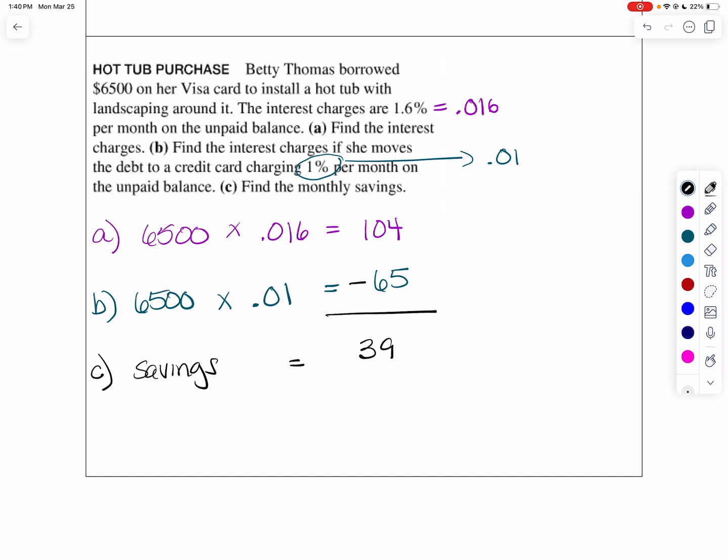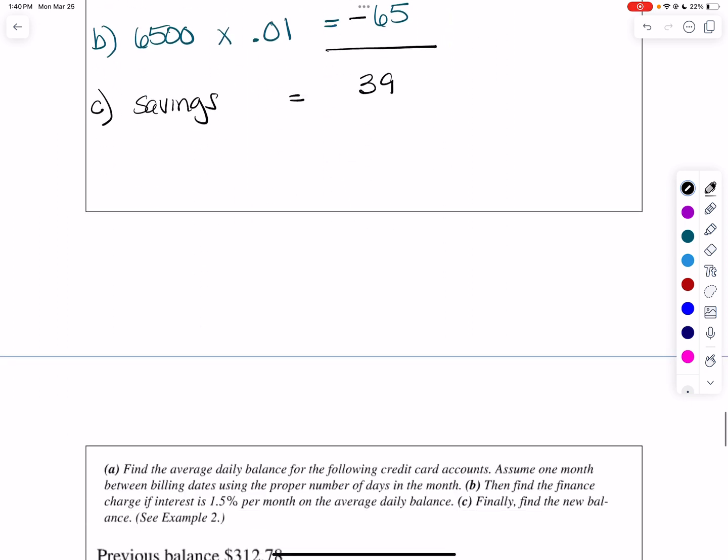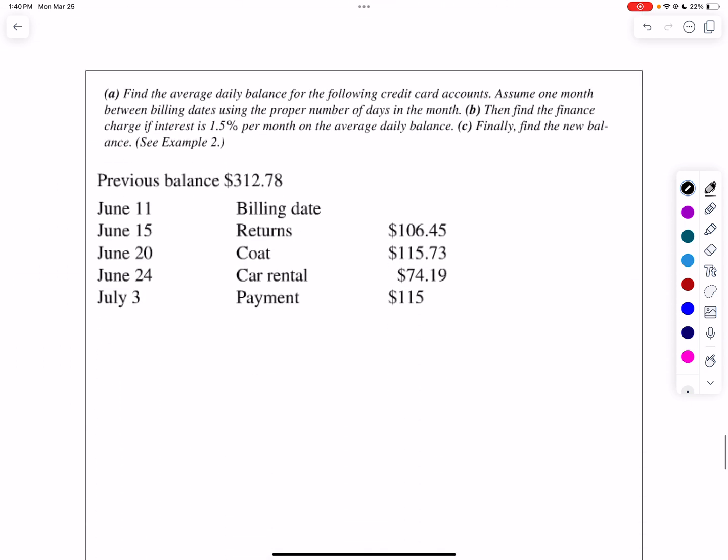All right, so now we're going to do one more problem on finding the average balance. And remember, with finding the average daily balance, we have to find that so that we can find the finance charge that's based on it, okay? So you can see that our unpaid balance starts us off at $312.78, and that begins on June 11th, okay?